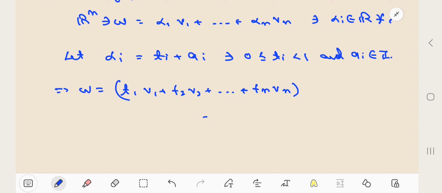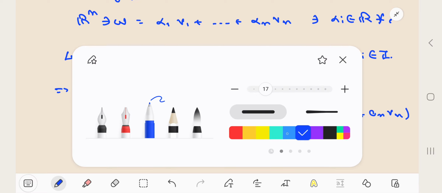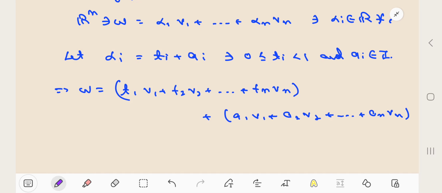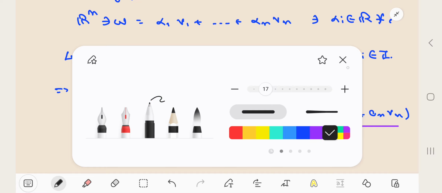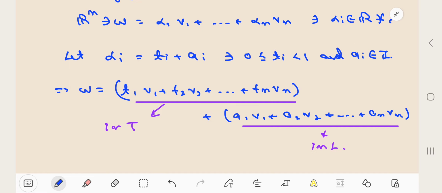This will be one part of the element; another part will be a1 v1 plus a2 v2 and so on till an vn. Clearly, the first is an element in the fundamental domain, because the coefficients satisfy 0 less than or equal to ti less than 1, and the second, because all these coefficients are integers, is in L. This was exactly what we required. What more we require is uniqueness, that this representation is in fact unique.